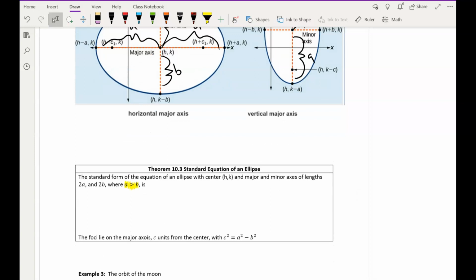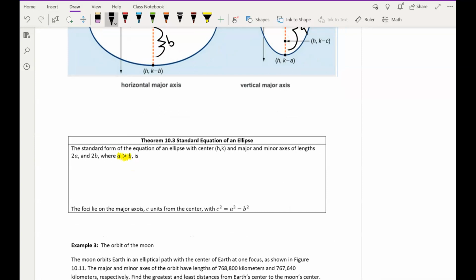So if we have a major axis that's horizontal, the standard form for an ellipse is (x - h) squared over a squared plus (y - k) squared over b squared equals 1. Keep in mind this value on the right should always be 1 when it's in standard form, so you have to get it to that.